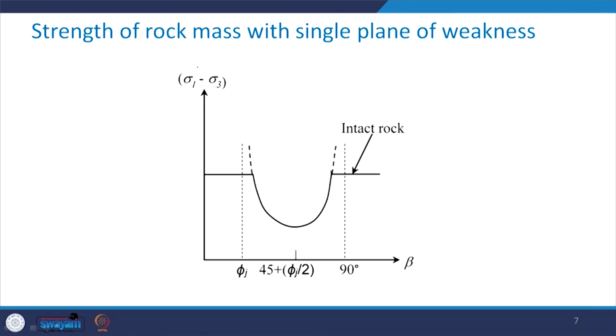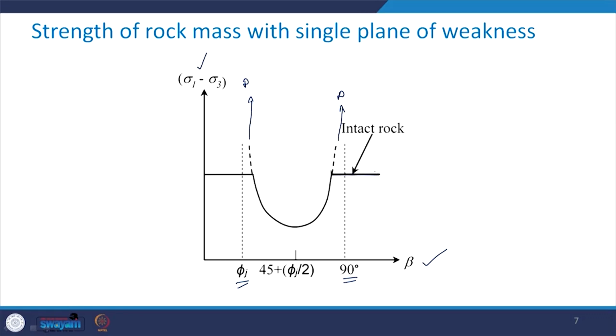Take a look here, it is the space of sigma 1 minus sigma 3 versus beta. If we substitute the values of beta in the previous expression which we have derived, we have seen that when beta equal to phi j, this tends to infinity, and for beta equal to 90 degree, again this tends to infinity.